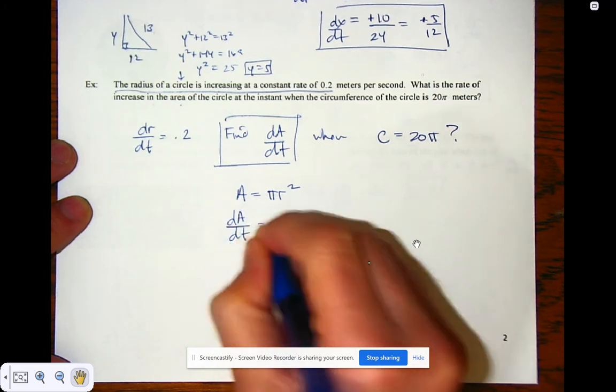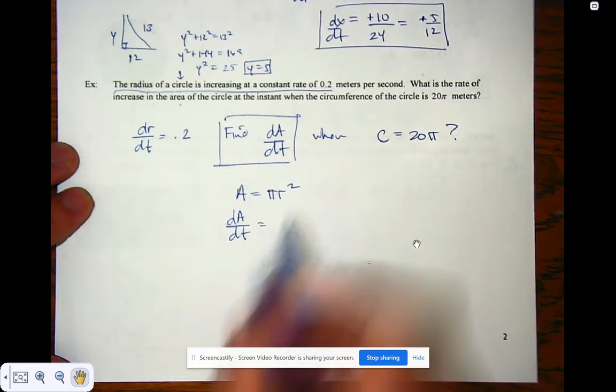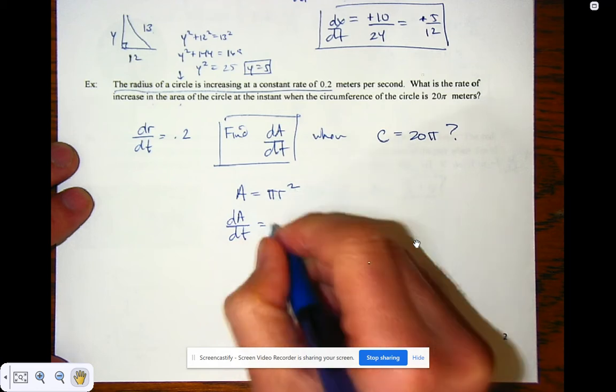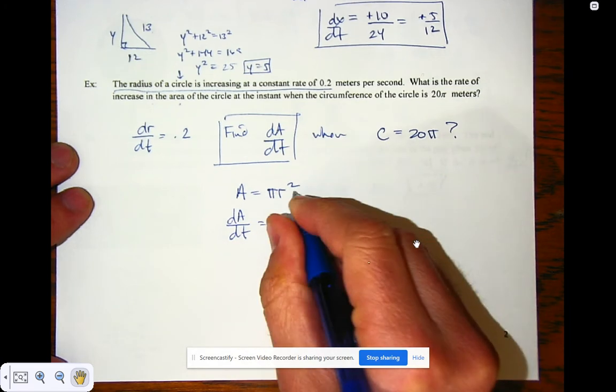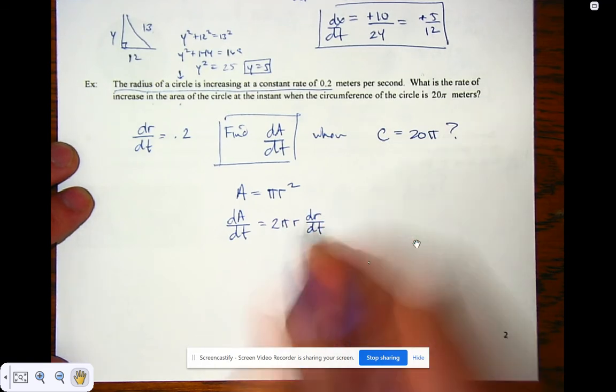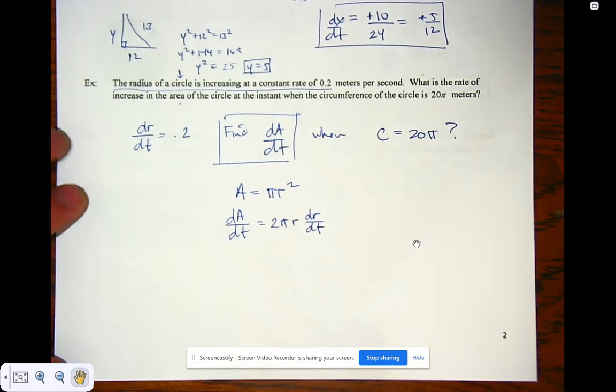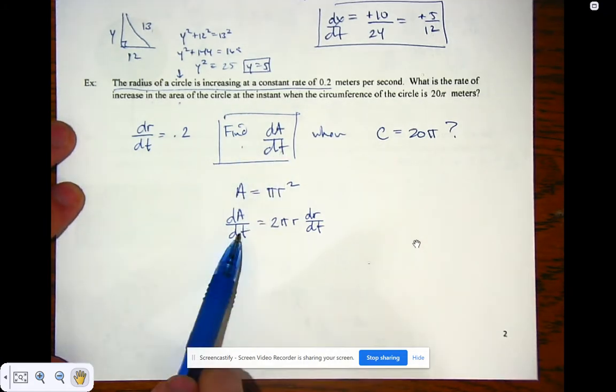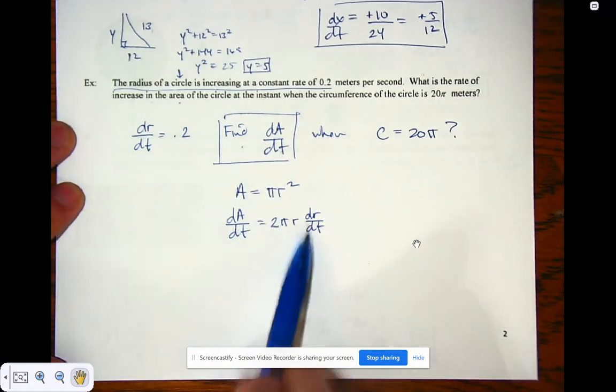So dA/dt, that's the implicit part. Power rule derivative, bring the 2 down, 2 pi r to 1 smaller, times the derivative of r with respect to time because r doesn't match t. Okay? And at this point, look, I want this. So I can get that if I know r and dr/dt.